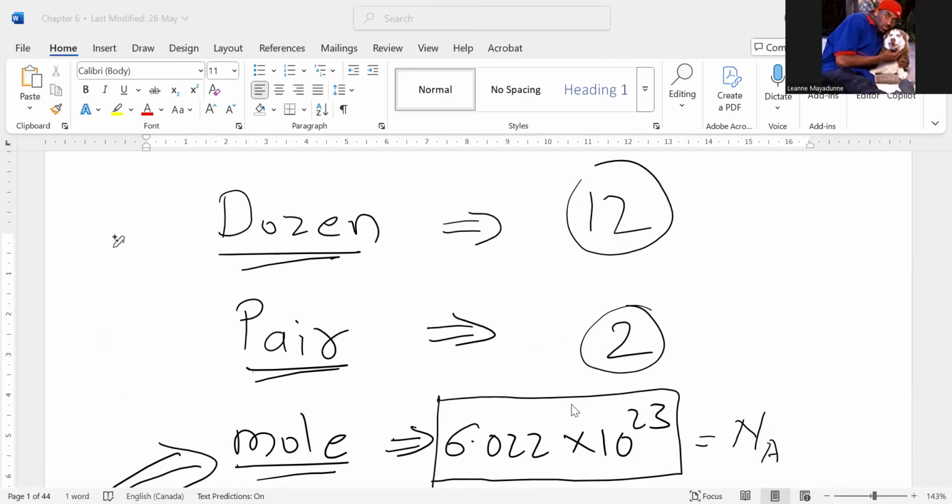That number is so huge, so it is not used in our day-to-day life.